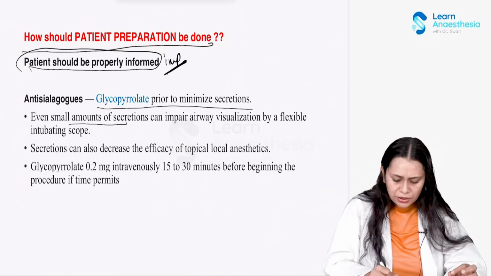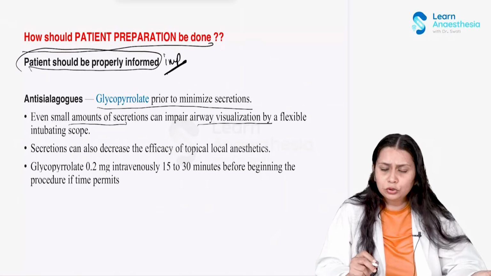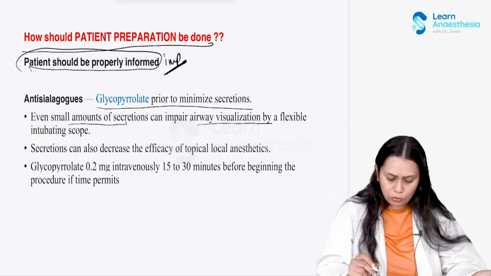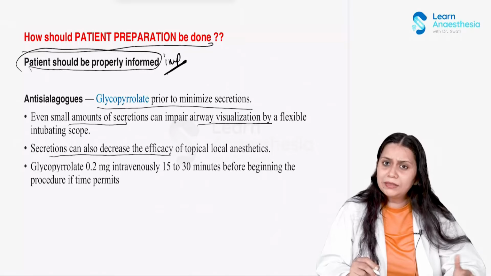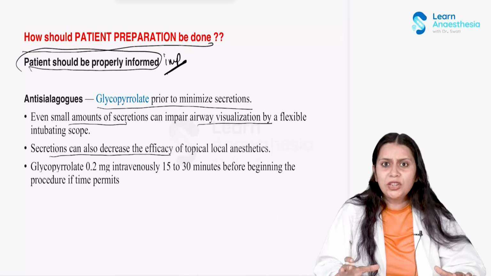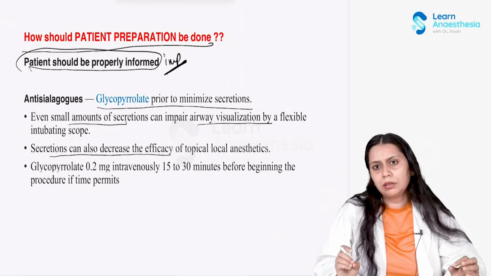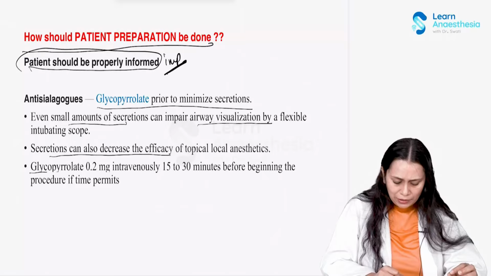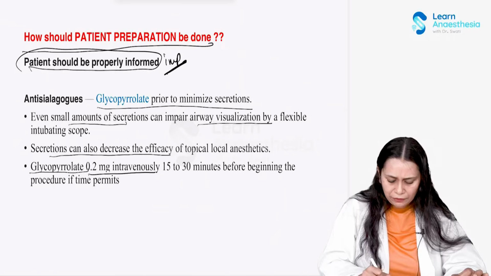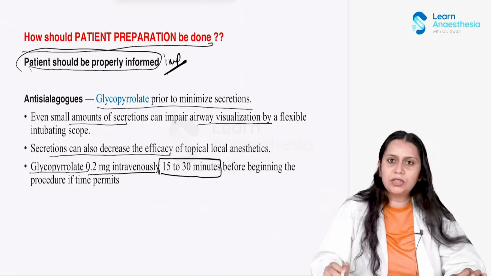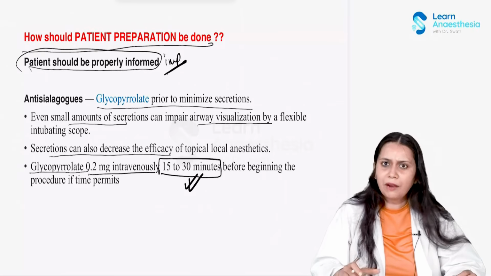A small amount of secretion can also impair the visualization by the fiber optic or by the video laryngoscope if you are using one. Secretions can also decrease the efficacy of the topical local anesthetic which we have applied. So, patient cooperation may not be that good if secretions are there. Glycopyrrolate, the dose is 0.2 milligram IV, 15 to 30 minutes before the procedure if the time permits. So 15 to 30 minutes prior to the procedure we have to give it.